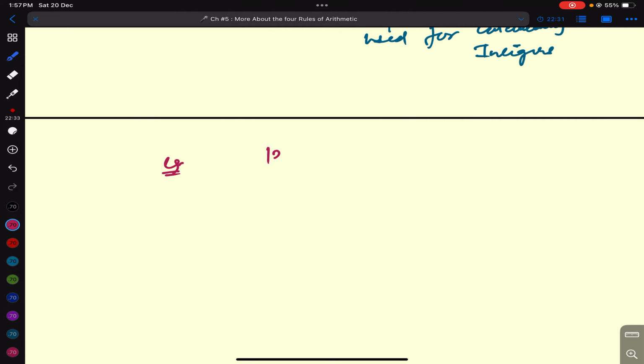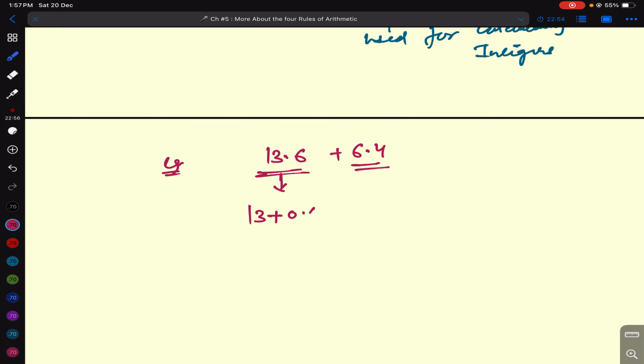Let's say you have two decimals in addition, which are 13.6 and 6.4. What we are going to do is separate each decimal into a whole number and a decimal number separately. So this will be written as 13 plus 0.6, and this will be written as 6 plus 0.4.